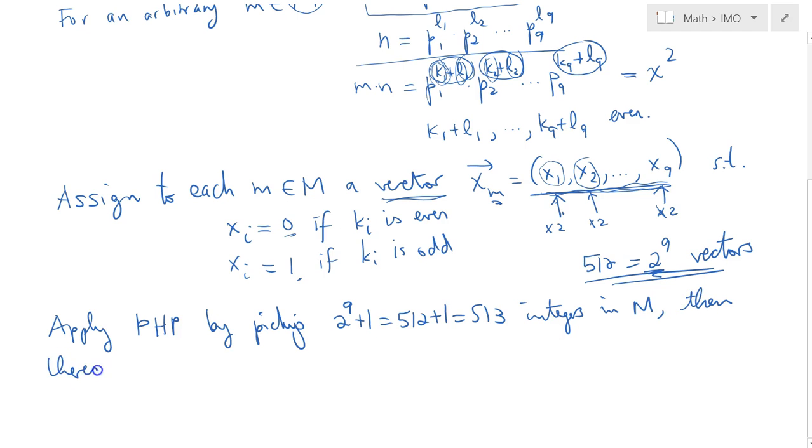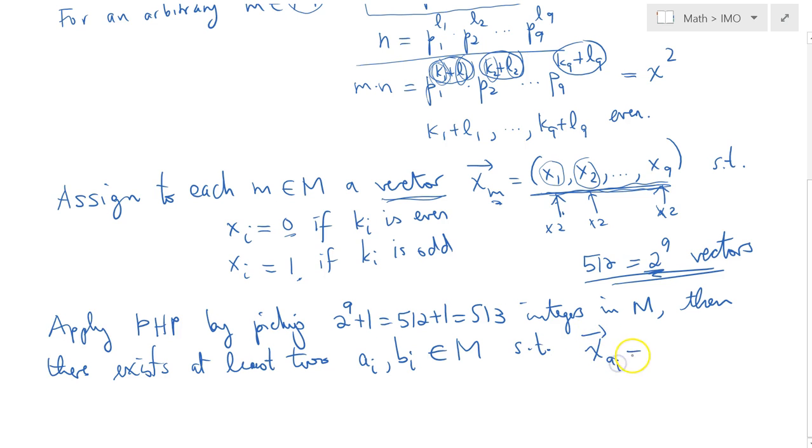Then there exists at least 2, say a sub i, b sub i in M, such that their vector representations agree with each other, implying, and that's the important conclusion, that their product will become a perfect square.